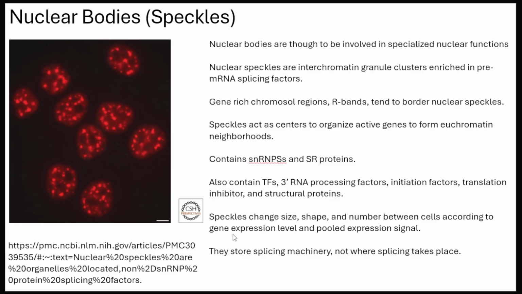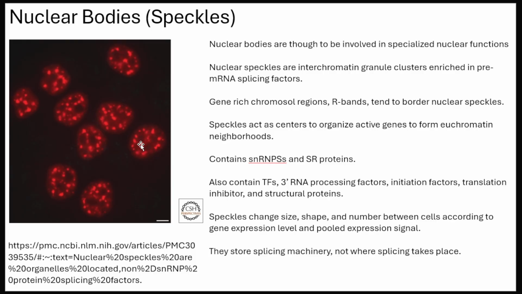So just briefly, for some nuclear bodies, these are thought to be involved in specialized nuclear functions. There are nuclear speckles in interchromatin regions that are enriched in pre-mRNA splicing factors, and euchromatin will tend to border around these speckles because they act as a warehouse for snRNPs, SR proteins, transcription factors and other things.